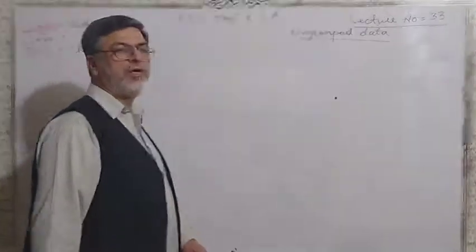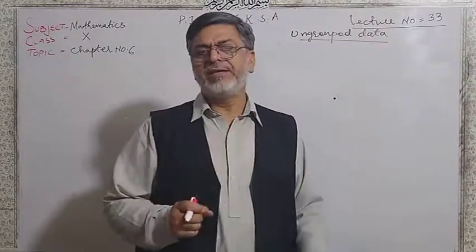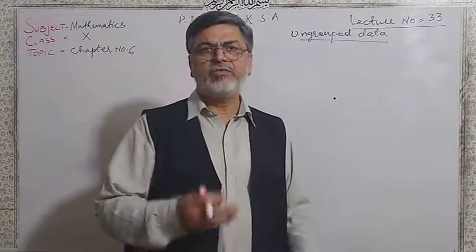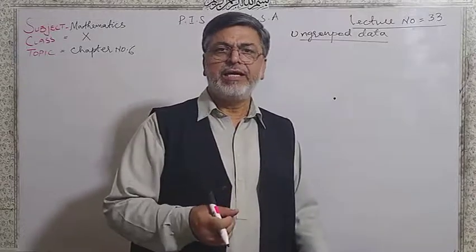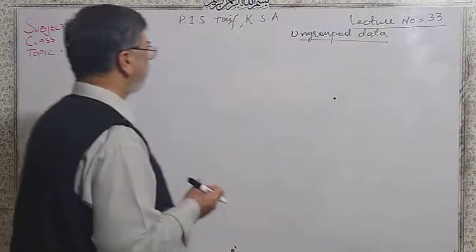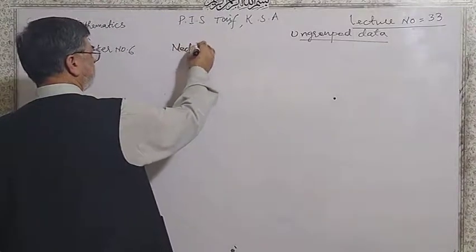Similarly, we will have group data in median. To find the median, we will have the group data also. We will have different formula to find the median. Similarly, in case of group data, we will find mode of the data. Here is median.